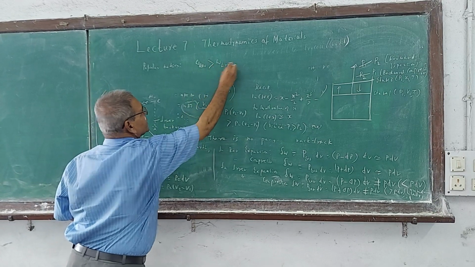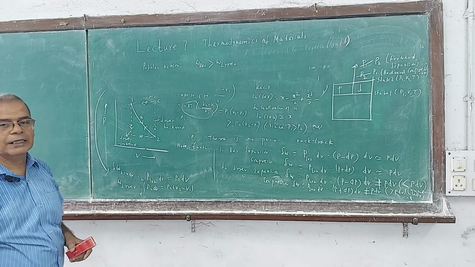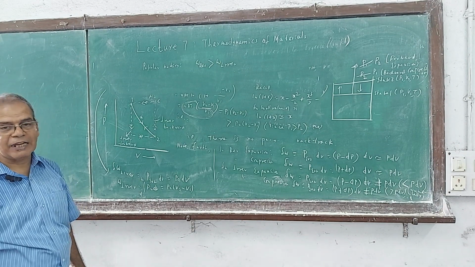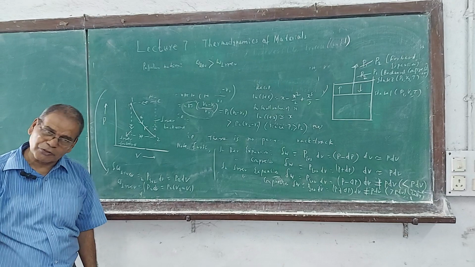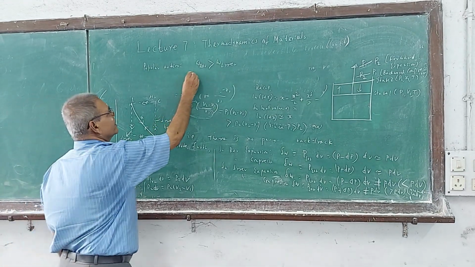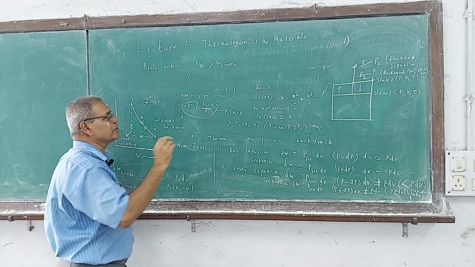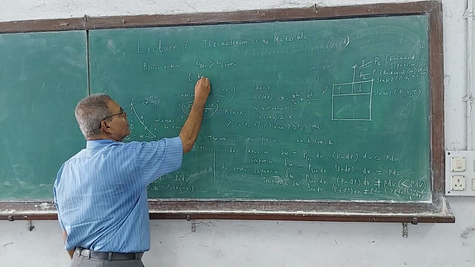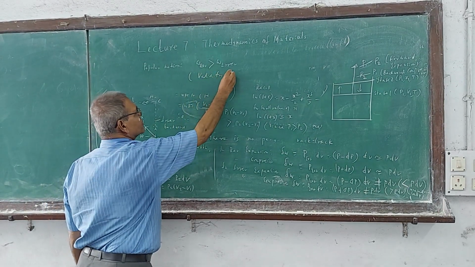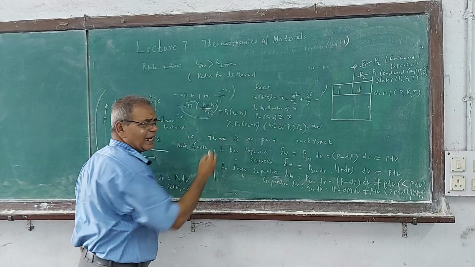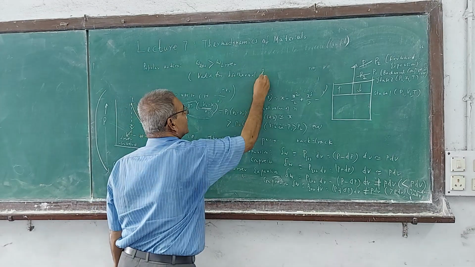But you should note that this is true for expansion in isothermal process. Not only that, I will tell you now, in adiabatic also the same result, so you note this. Greater than, I am writing, means expansion consideration. The concept is important: it is valid for isothermal, and adiabatic when I discuss it.